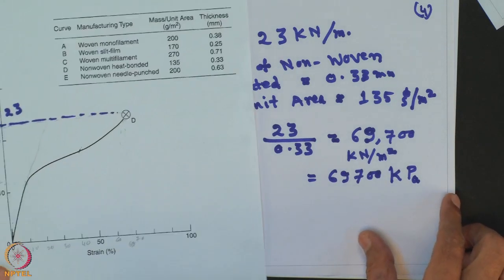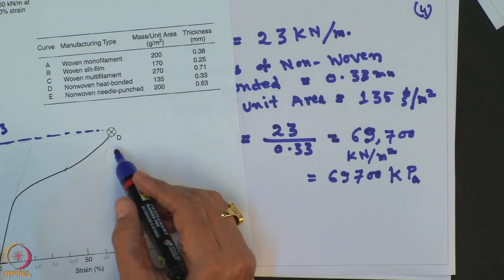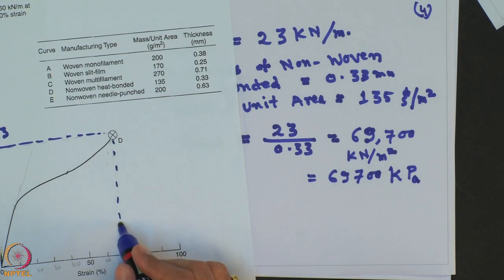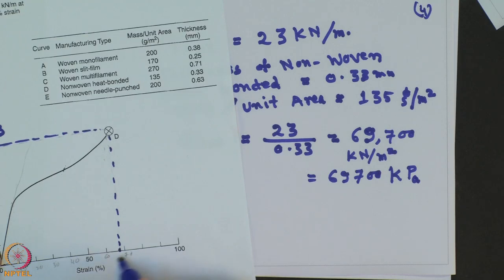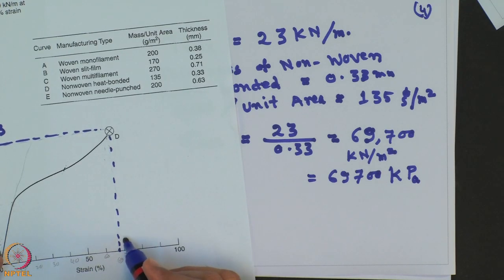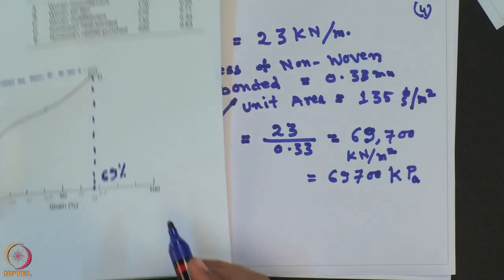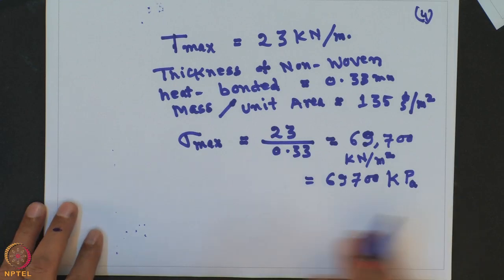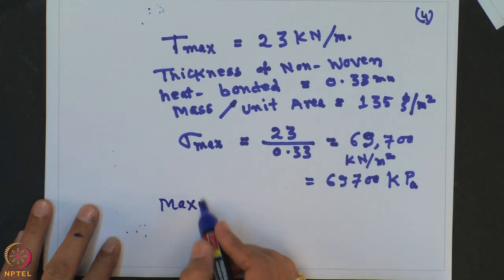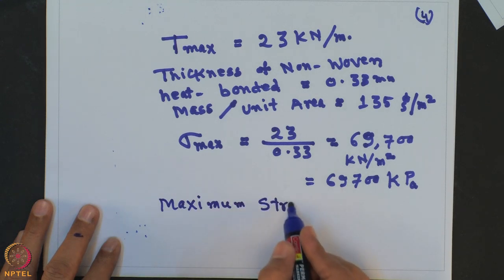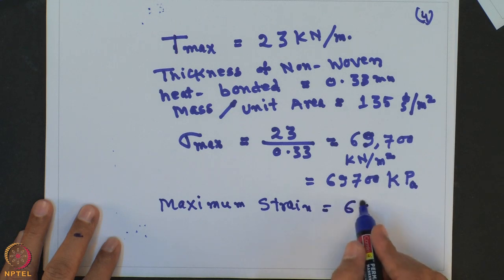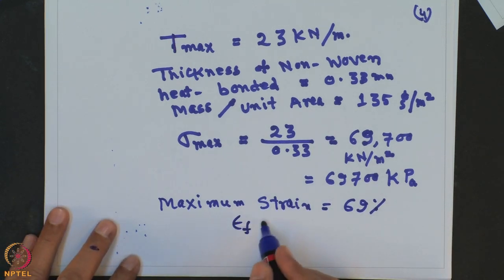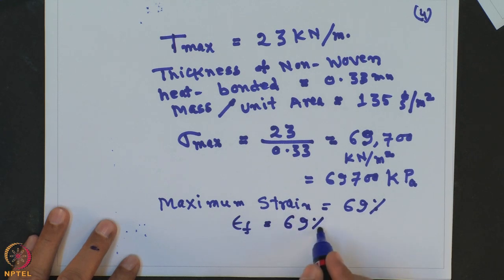If you look here, the maximum strain value is somewhere here, let us say around 69 percent. So, epsilon f, the maximum strain, is equal to 69 percent.